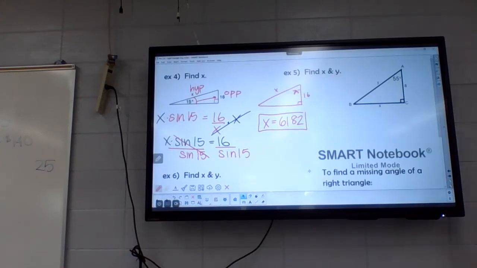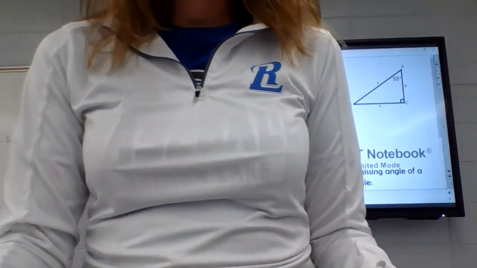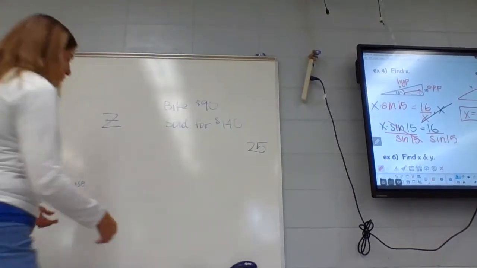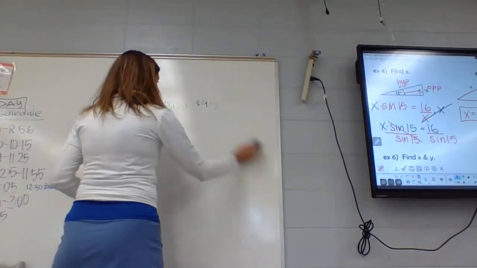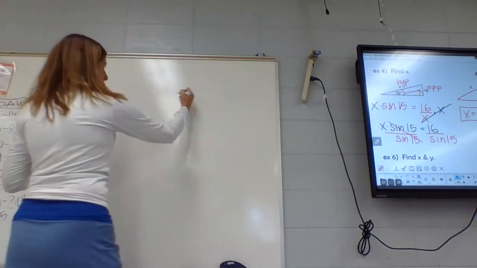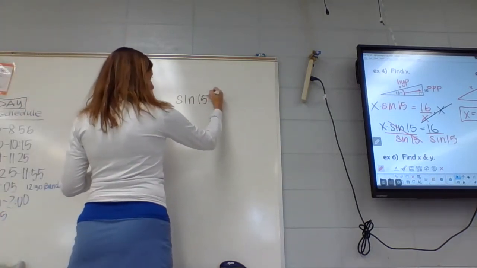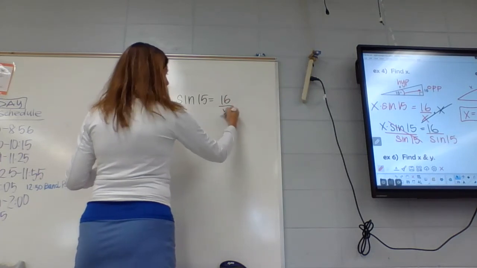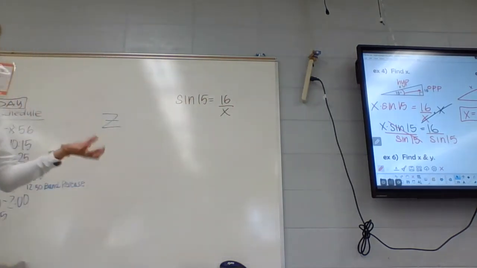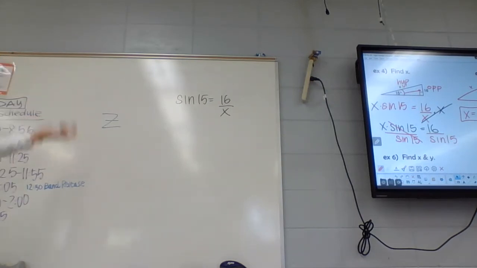I want to show you guys one other way in case you're not super excited about that way. It's probably really similar, but I'm just going to show it to give you another option. When I teach this in trig or geometry, a lot of times we have done things with proportions already.